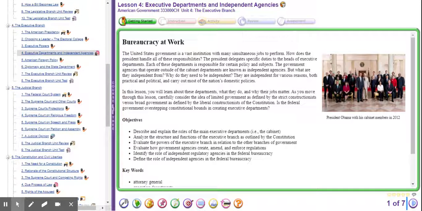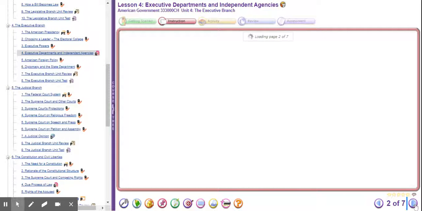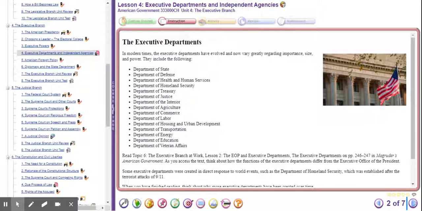Okay, so 4.4, we talked about the bureaucracy, how is it that all of these agencies that are part of the executive branch kind of work together? Okay, so there's all these different executive departments: state, defense, health and human services, homeland security, treasury, justice, interior, etc. All of these are departments of the executive branch, and each of those departments is headed by someone at the cabinet level.